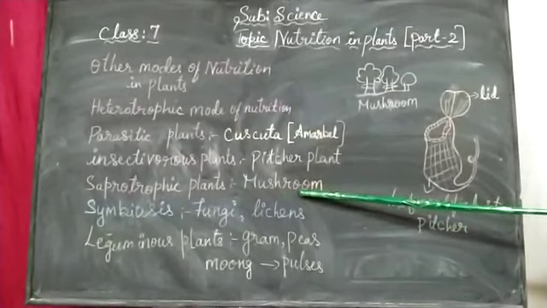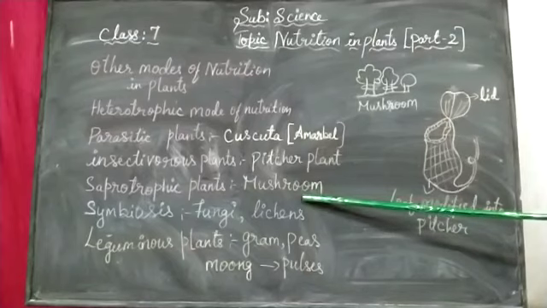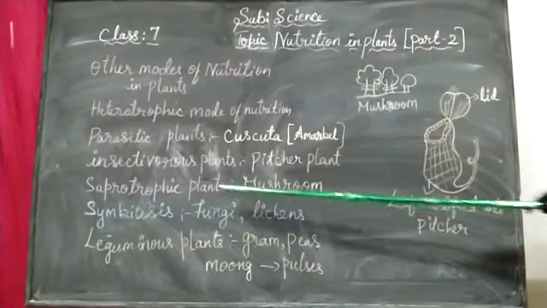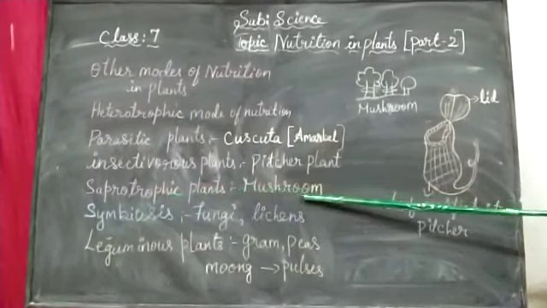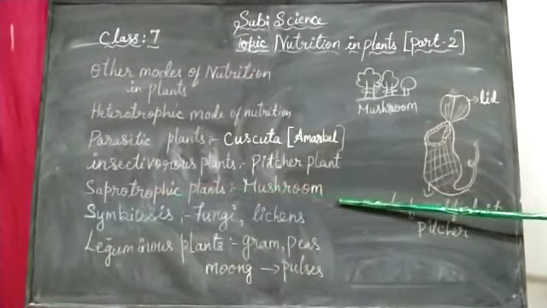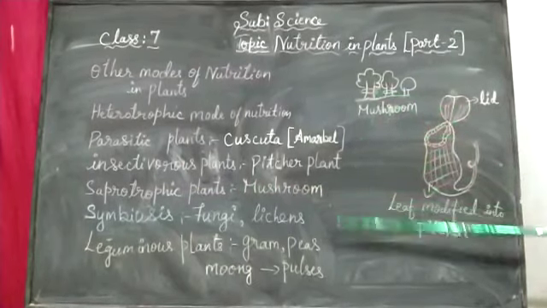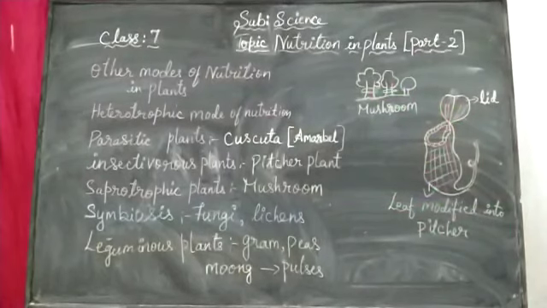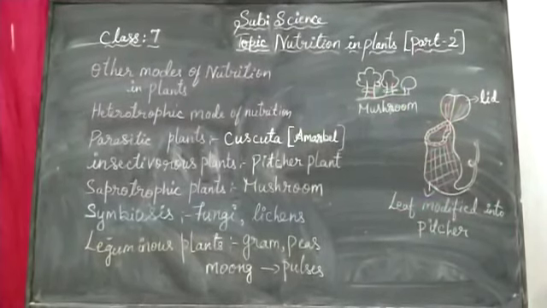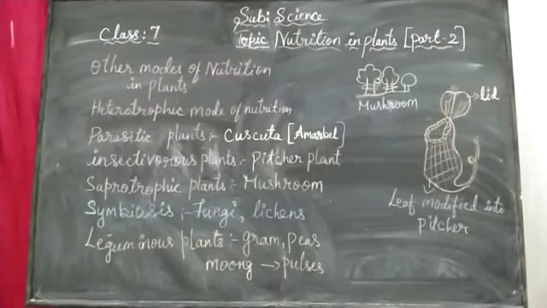The plants which grow with dead and decaying matter as nutrition are known as saprotrophic plants, and the plants are known as saprotrophs. Example, mushrooms. Mushrooms will grow wherever the dead and decaying remains of other plants and animals are found. That is saprotrophic plants.